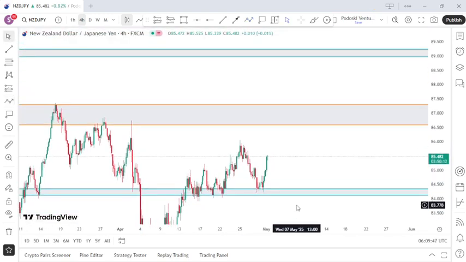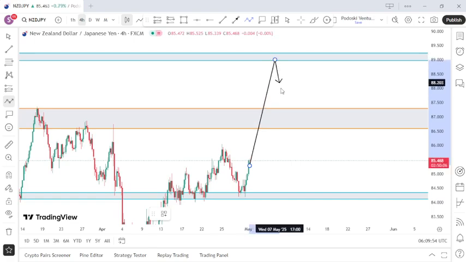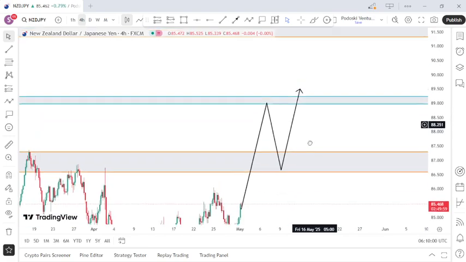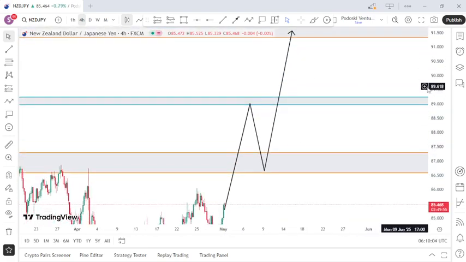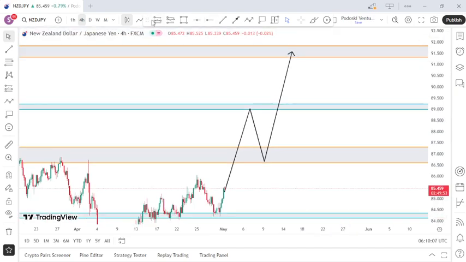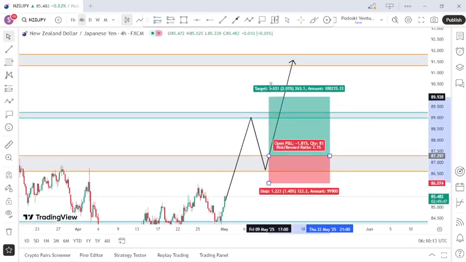So what we are going to wait for is for price to break out of the weekly zone and come back for a retest before we buy NZDJPY all the way to the upside. Entry on NZDJPY is going to come in from this zone.